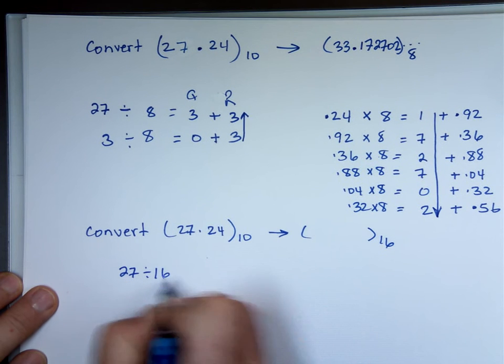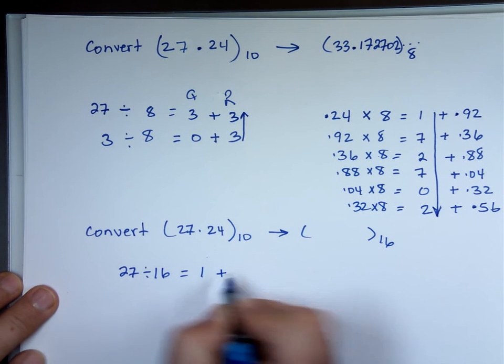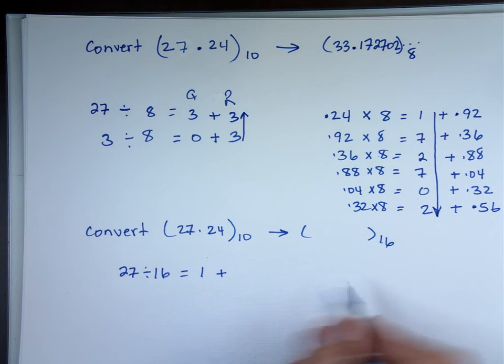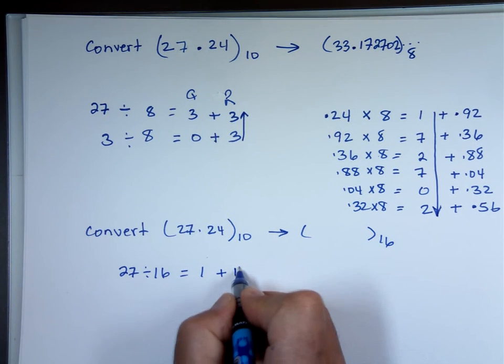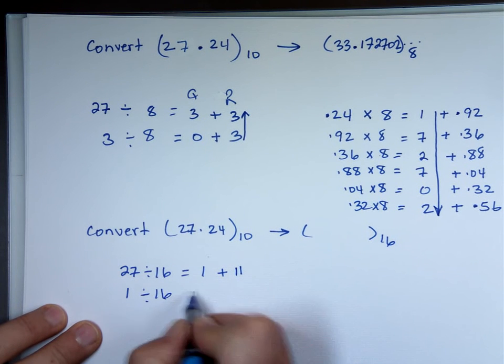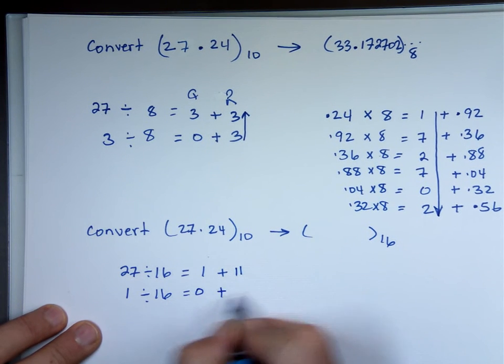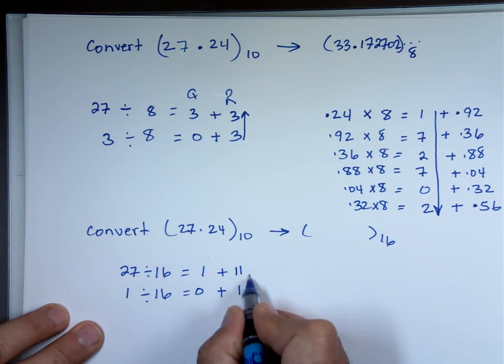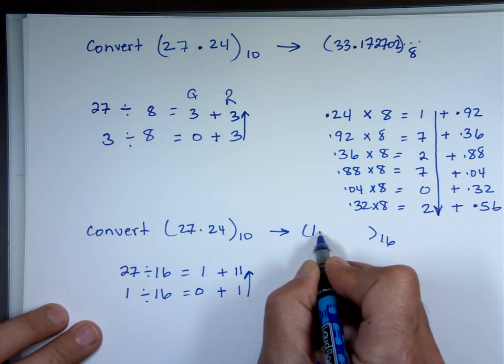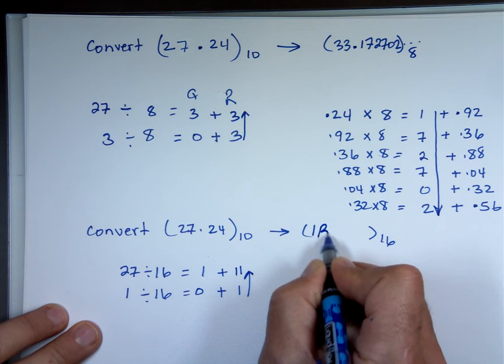That's 1 and the remainder of what? 11. Then we take the 1 divided by 16, which is what? 0, remainder of 1. Done. 1, and what's 11 in hexadecimal? Is that a B? 1B.